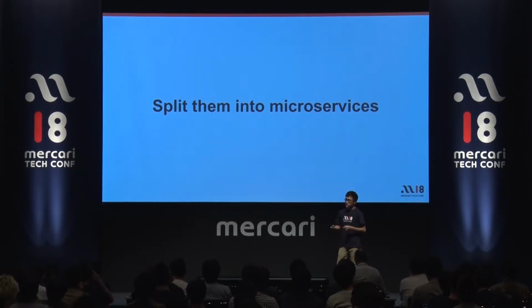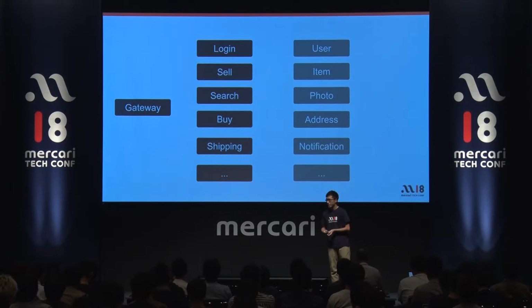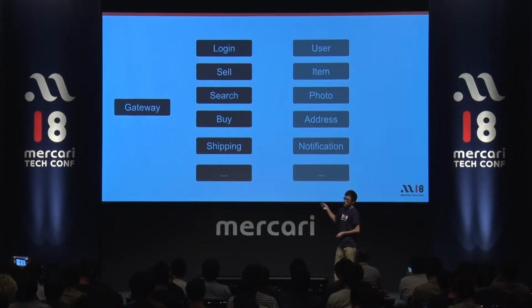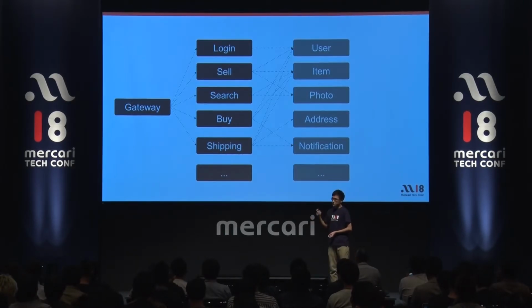And then with all this information, we try to split them into services. Basically, what we do is list out the necessary features and list out the necessary functions, and try to find out what is necessary for what feature.